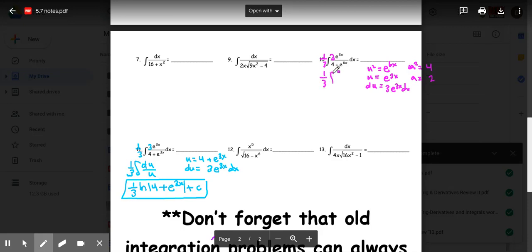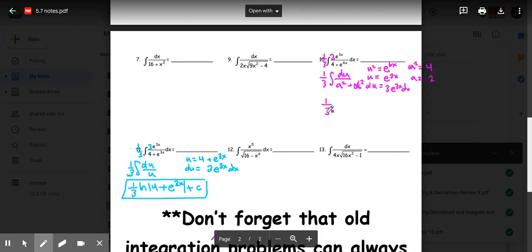And here's what we have. The numerator is your du. The denominator is a squared plus u squared. So if you look at the front of your sheet, this is u squared. This is actually the second formula, which turns into arctangent.